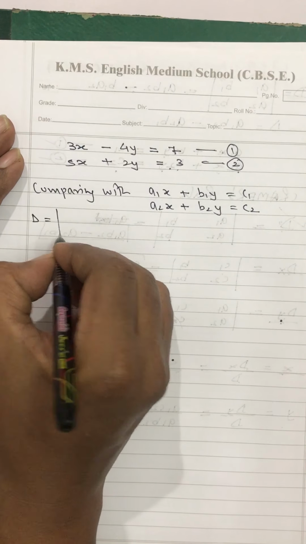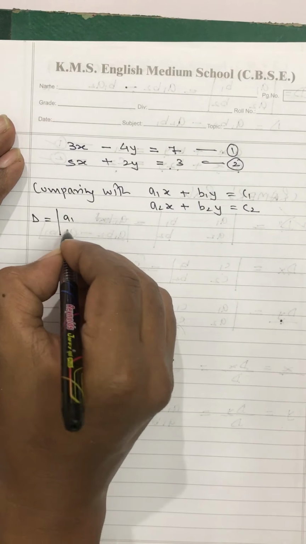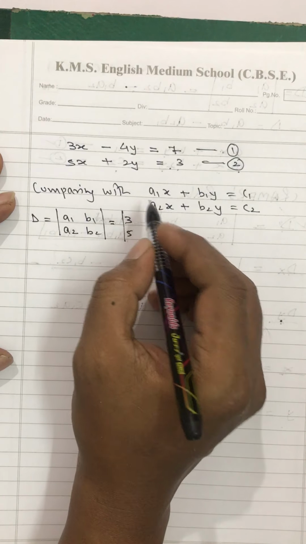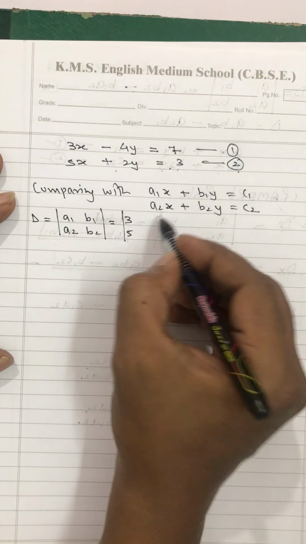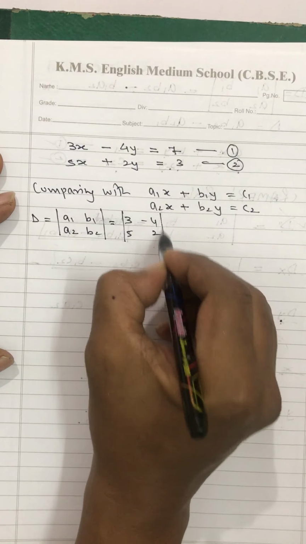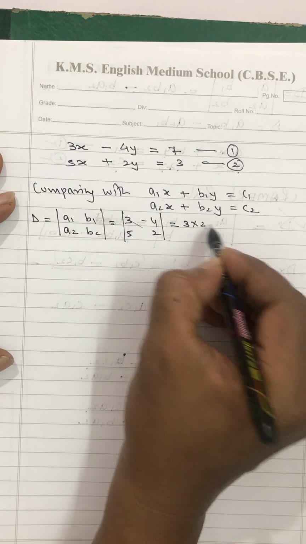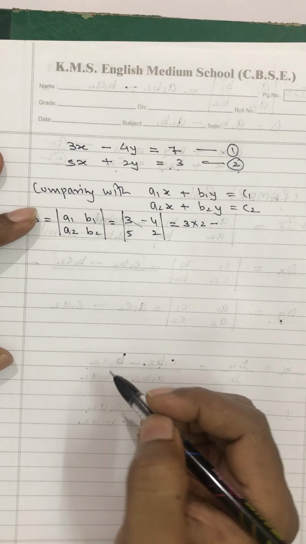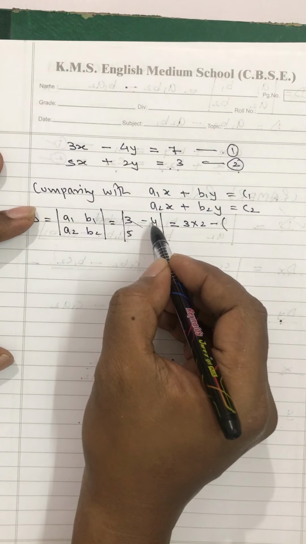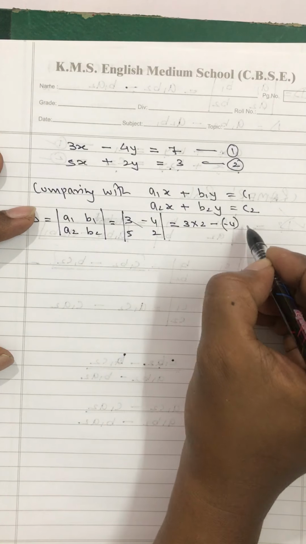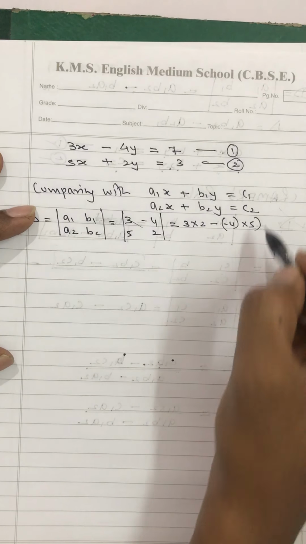D is going to be a1 a2 b1 b2. What is a1 over here? 3 5. What is b over here? Minus 4 plus 2, so it is minus 4 2. Now you have to be careful. It is going to be 3 into 2 minus, sign of the formula, minus 4 into 5.